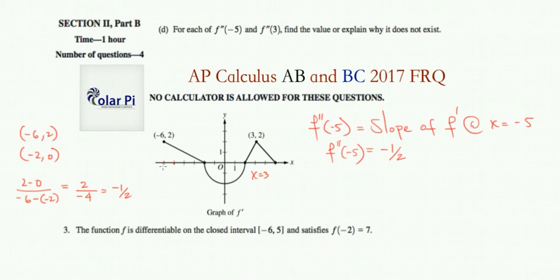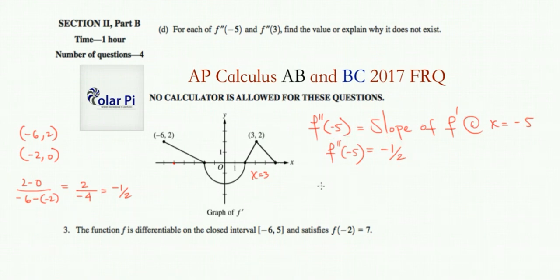From like x equals -6 to x equals -2. So the value of f double prime from x equals -6 to x equals -2 is constant because it's the slope of that line. And the slope of this line, if you pick 2 points that we know are definitively on the line, then you'll find that the slope of the line is -1/2, and that's just like algebra 1. So then that means f double prime of -5 is -1/2.